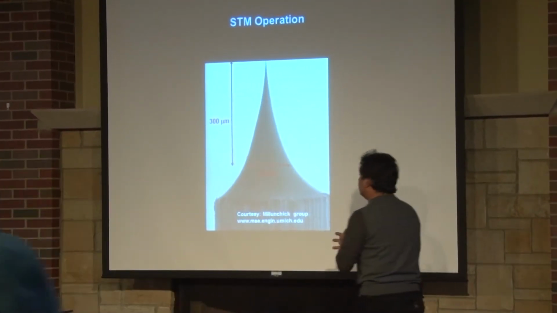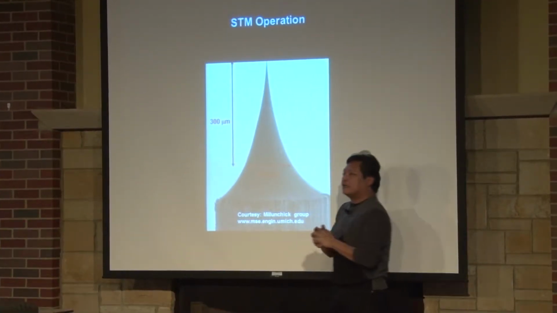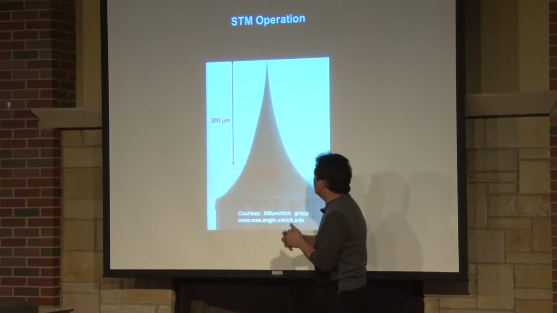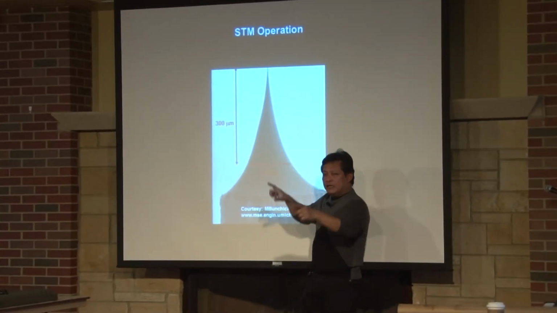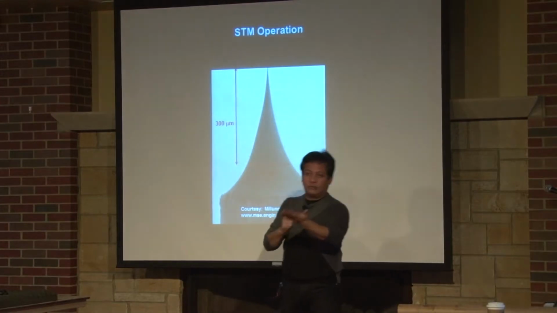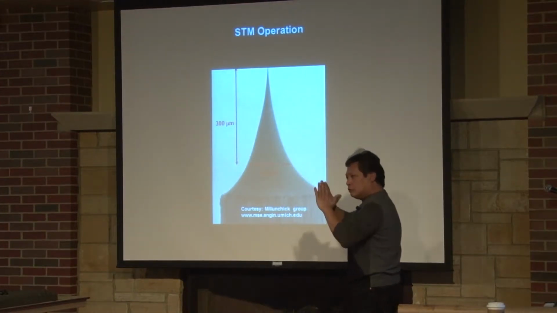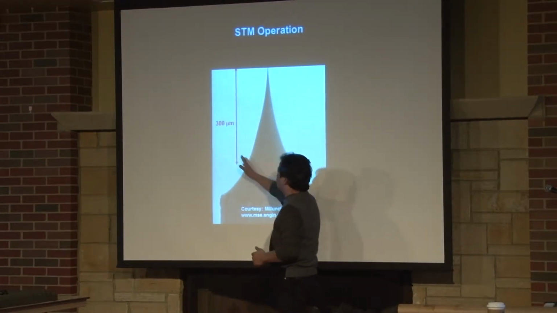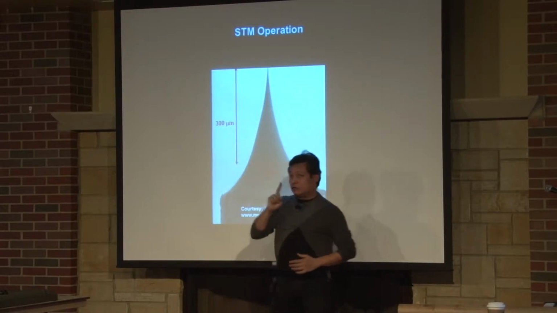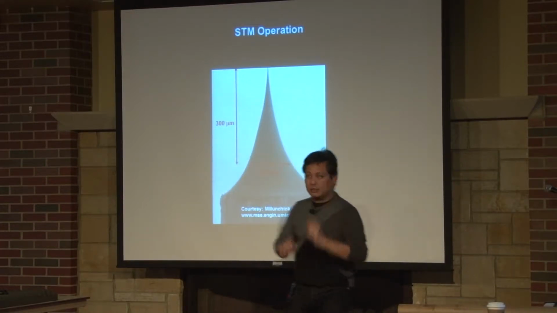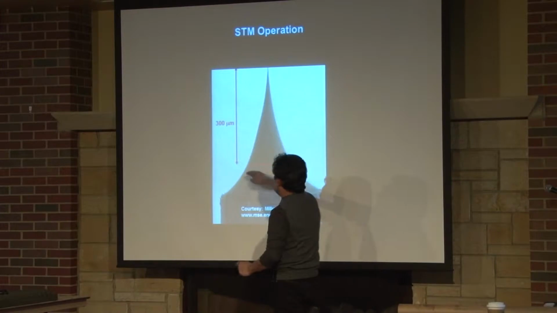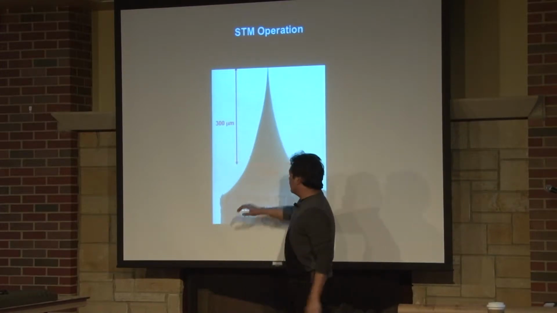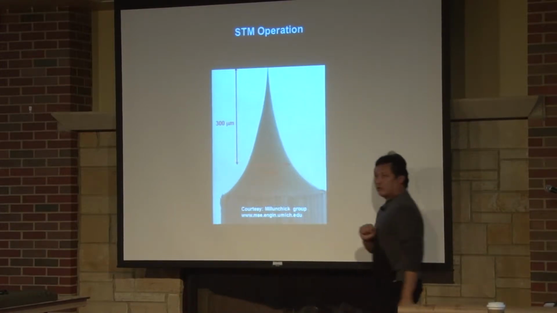Let's look at its size. At the apex, you may see it in the light with a magnifying glass. It looks pretty sharp, and this is about 300 micrometers. Micro is 1 million times smaller than 1 meter. 300 micrometers is about 0.3 millimeter, and this is about 100 micrometers.